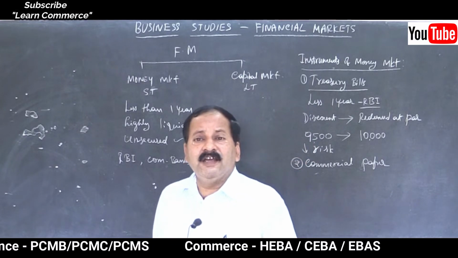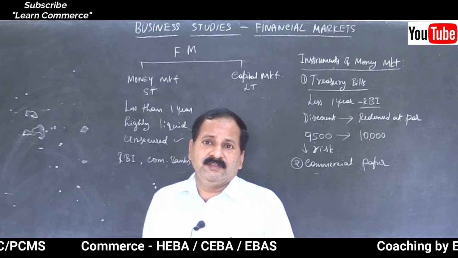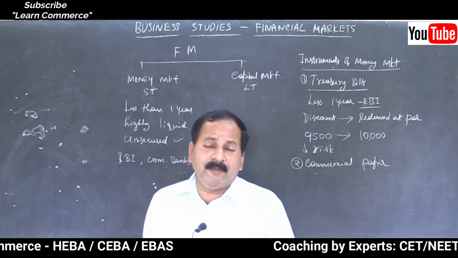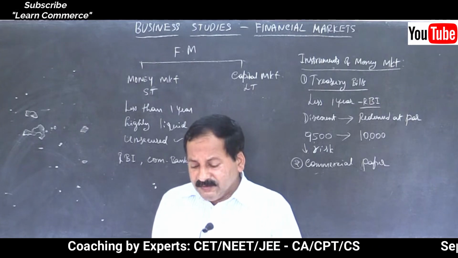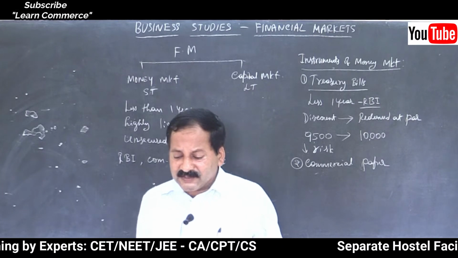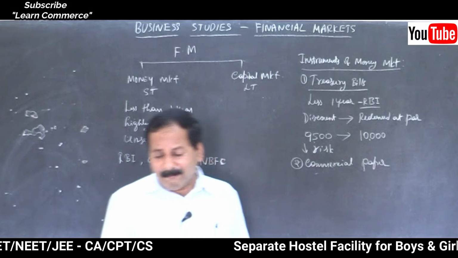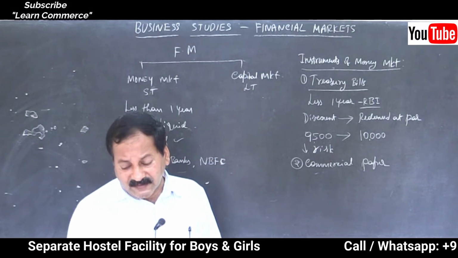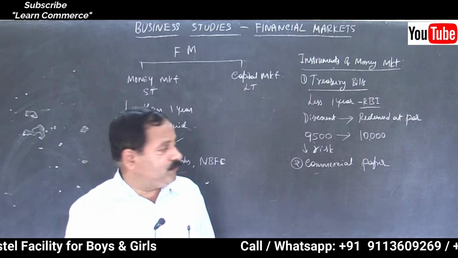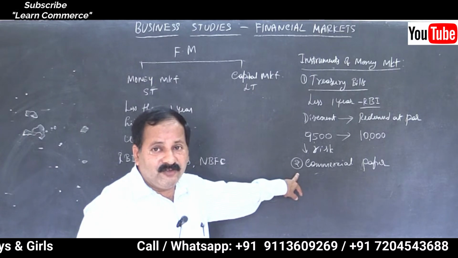So chances are it will be subscribed by the public. The public will be interested to invest in such companies. So strong, huge financial companies or credit-worthy companies, they will issue these papers, commercial papers.